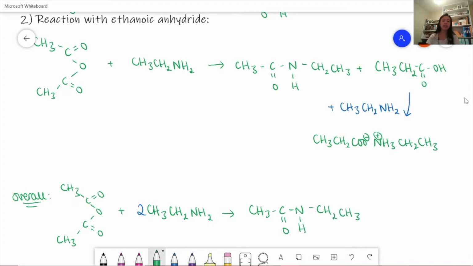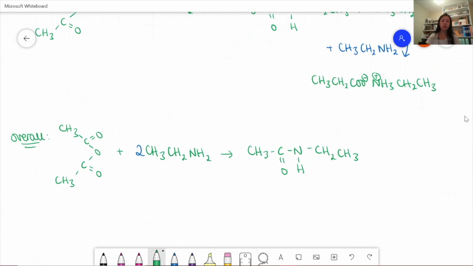And this time we'll form this salt, so plus CH3CH2COO minus, and then NH3 plus, CH2, CH3. So this N-substituted amide that we formed again is this N-ethyl ethanamide.